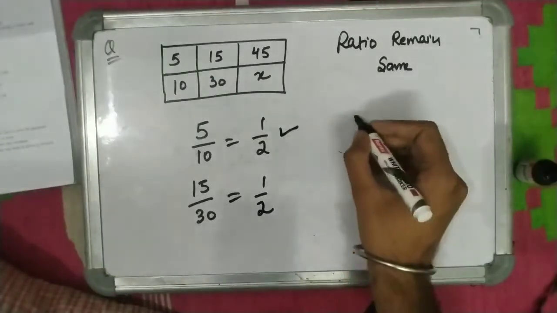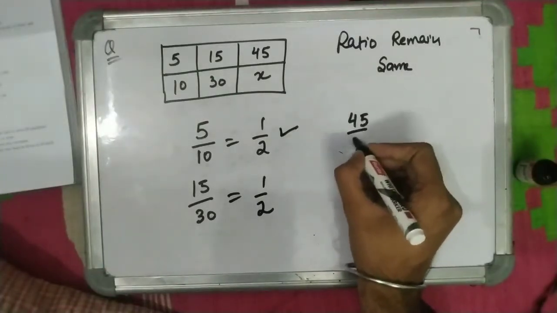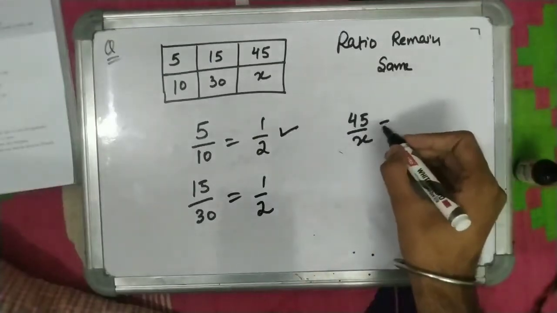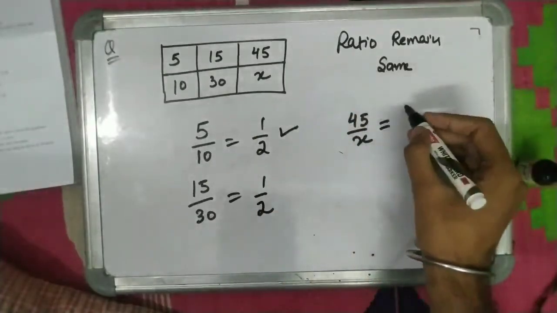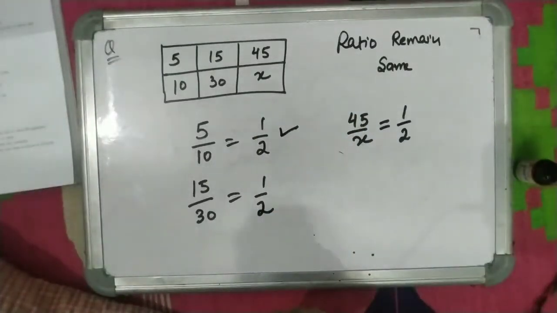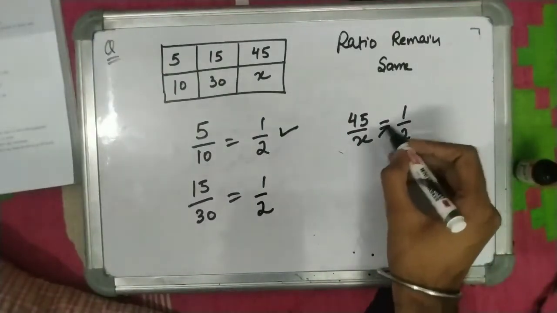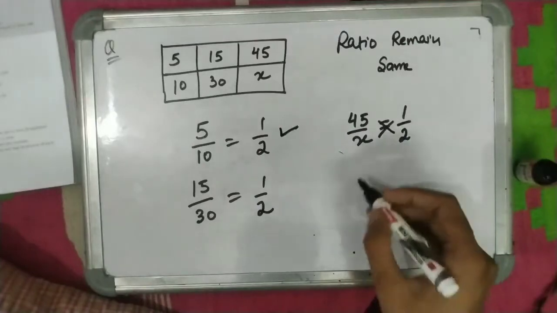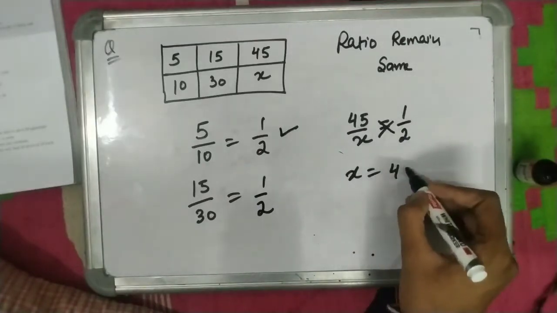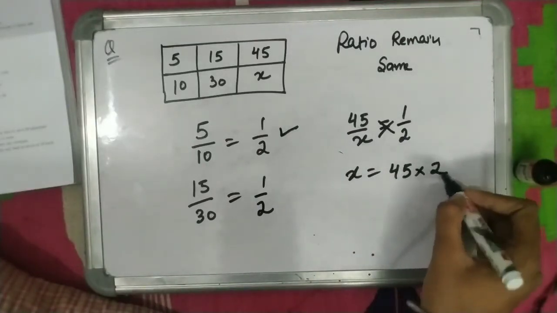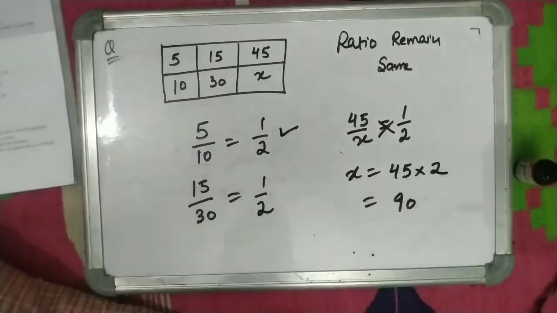In the same way, 45 divided by x, the ratio remains the same here, that is 1 by 2. So we have to find the value of x. How can we find it? We will cross multiply, and x is equal to 45 into 2, that is 90.